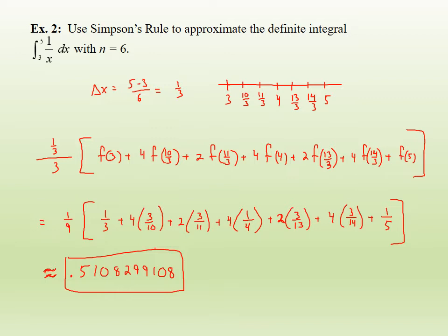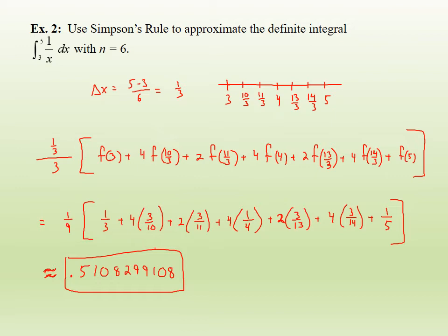So you have to divide this a third by 3, or 1 over 3 divided by 3, times f of 3, which represents f of x0, plus 4 times f of 10 over 3, where 10 over 3 is x1, and you continue alternating the coefficients between 4 and 2 until you reach the last one, f of 5.